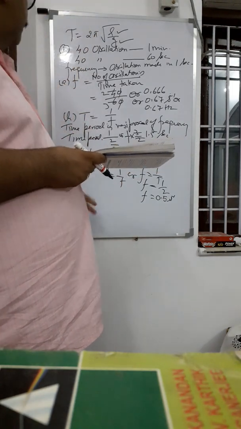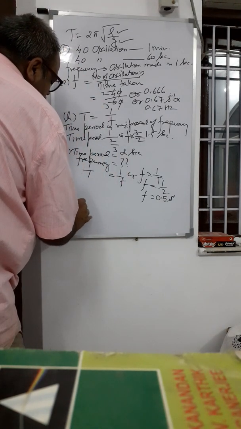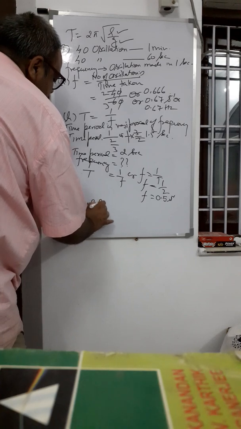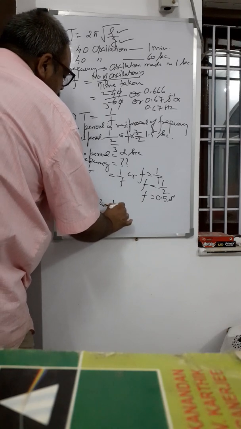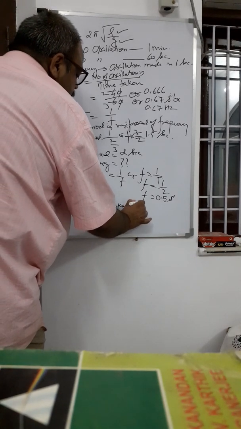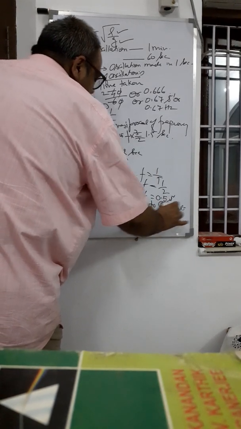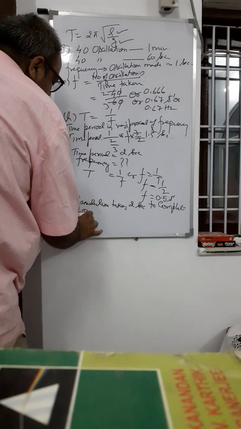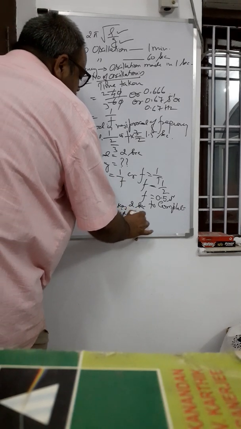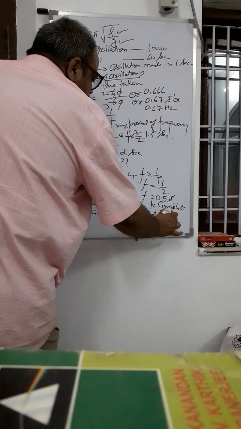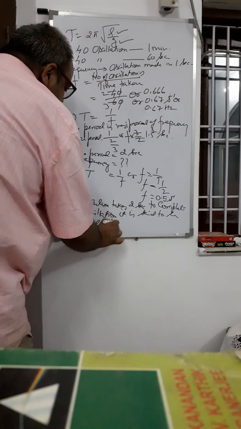Now what is the other information he wants? What name is given to such a pendulum? Say, you write: when a pendulum takes 2 seconds to complete one oscillation, it is said to be a seconds pendulum.